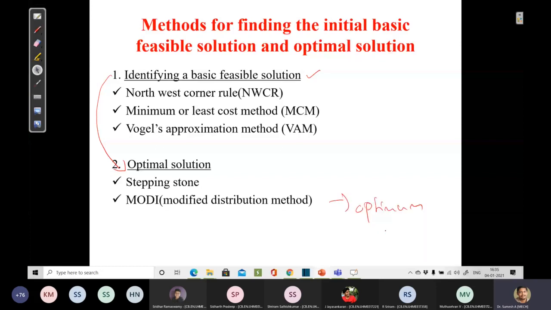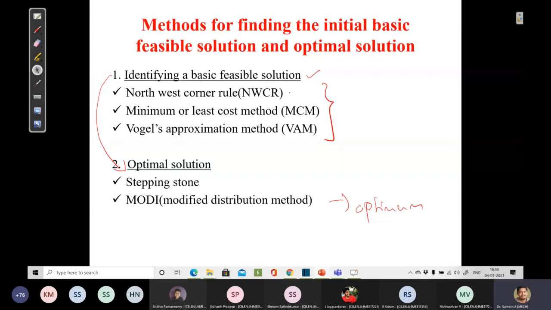So there are two steps. First one, you have to identify a basic feasible solution. Next one, you have to find the optimum solution. This basic feasible solution you can calculate by using three techniques. Any one you can employ. The first one is called northwest corner rule.